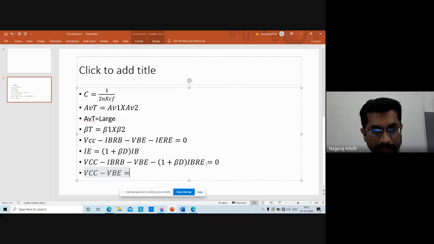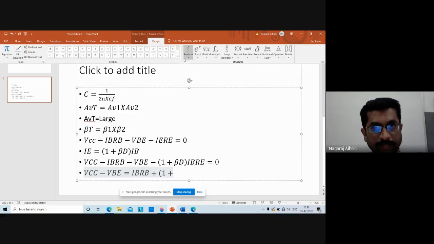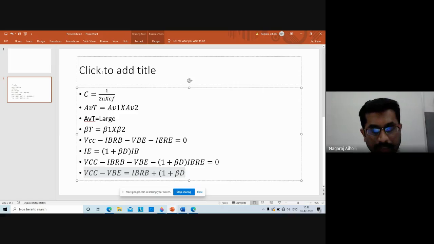VCC minus VBE will be equal to IBRB plus 1 plus beta D into IBRE. This is the equation that we get.